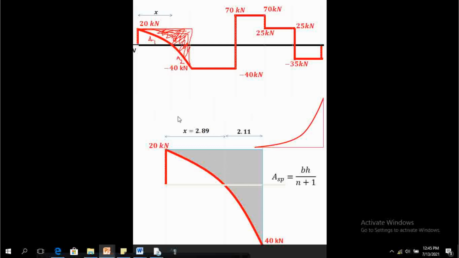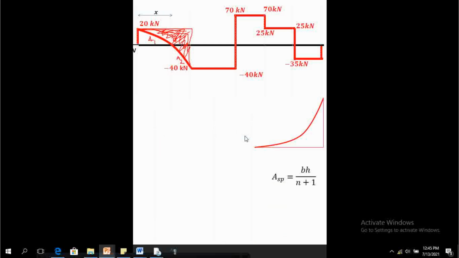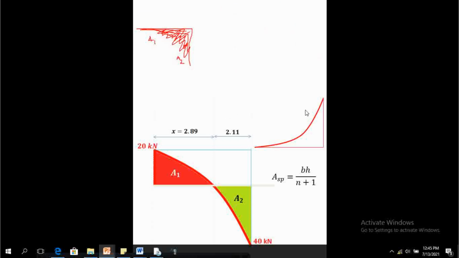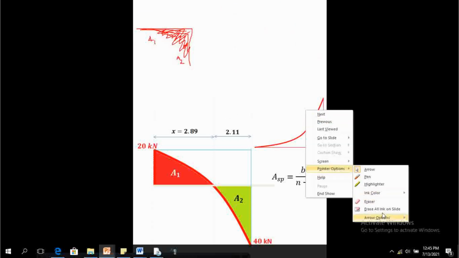Diba, nasolve na natin kanina yung x, that is equal to 2.89. So, the other side is 2.11. Now, ang kailangan ko dito, sabi ko kanina, is the value of my area 1 and the value of my area 2. So, paano ako masosolve ngayon si area 1 at saka si area 2? Let me erase this first.